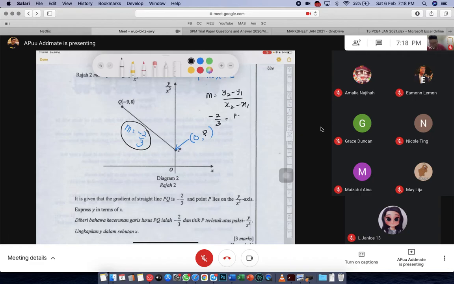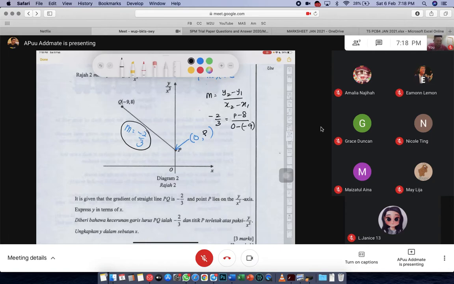P minus 8 and then divide by 0 minus negative 9. Oh, wait. Oh, yes. If that's so, the teacher's answer was wrong, right?